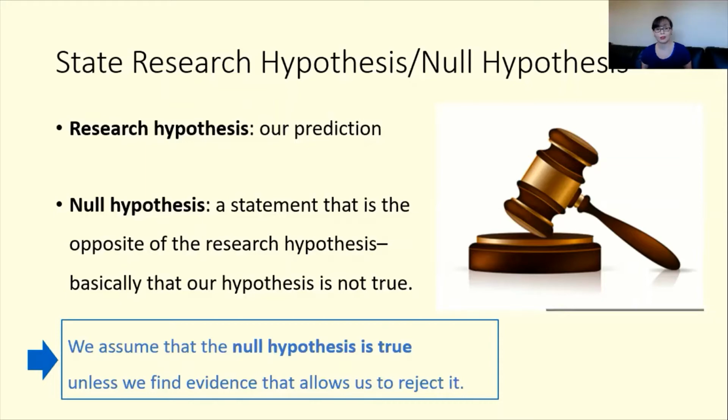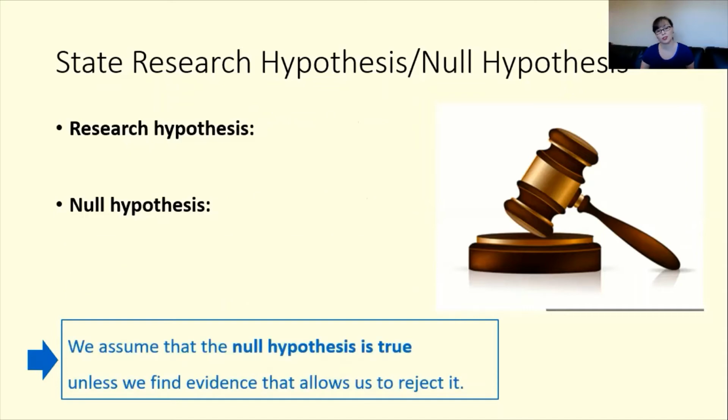In fact, we make this assumption so strongly that our research hypothesis is sometimes called our alternative hypothesis. This really shows that focus on the null hypothesis because the research hypothesis is actually our alternative to the null.